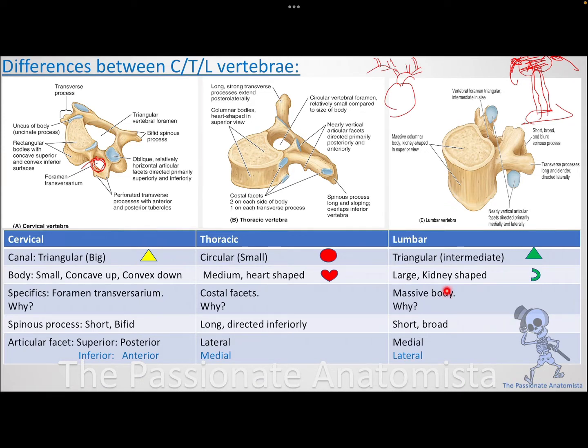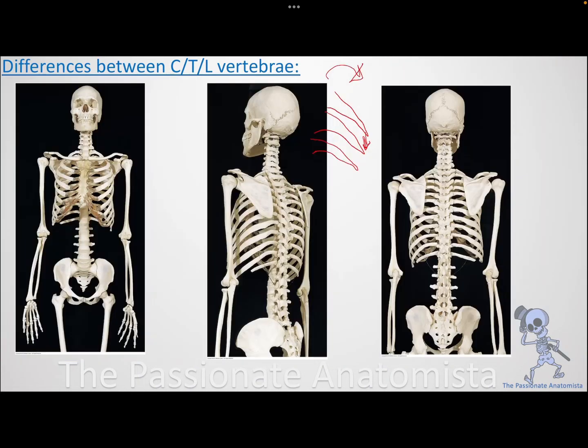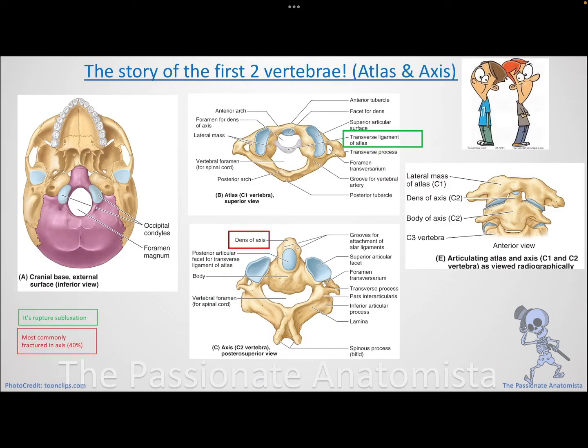And like we said, the body is the biggest because it's carrying most of the weight of your body. So remember the specifications of each one of them, and of course, I'm sure the other things are easy. This is a nice table that can help you to study the differences between the vertebrae.